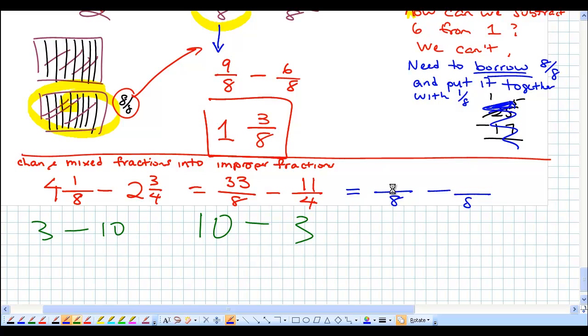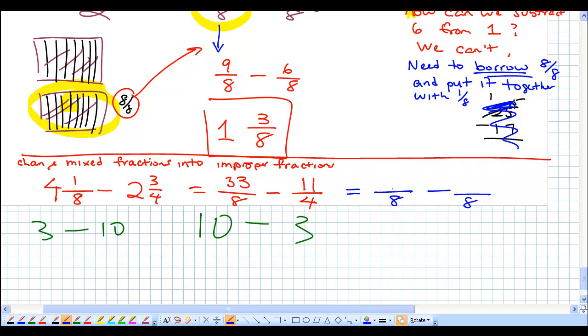So I'll do it over here, ladies and gents. So we have here 33/8. And then it becomes take away 22/8. What's 33/8 take away 22/8? 11/8. Good.